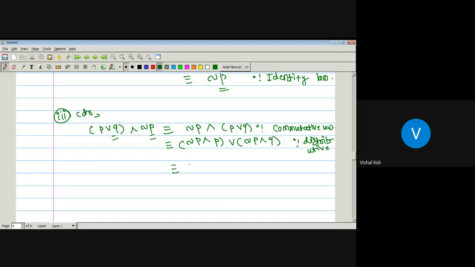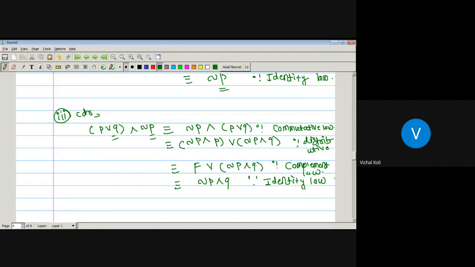Okay, so negation of P and P, by complement law, is nothing but false, or negation of P and Q, by complement law. Now, if F is false and P is any statement, then F or P is always P. So by this one, negation of P, and the law is nothing but the identity law.